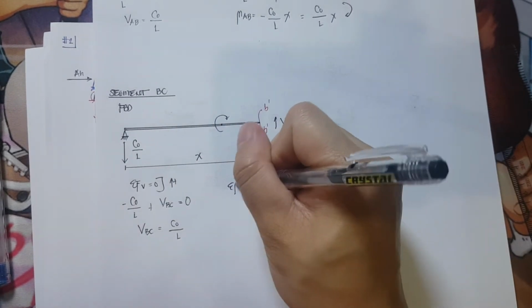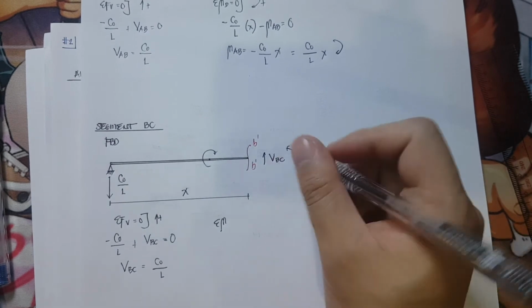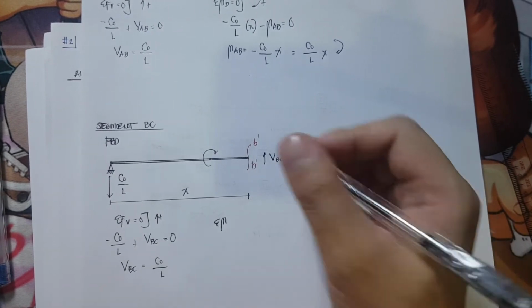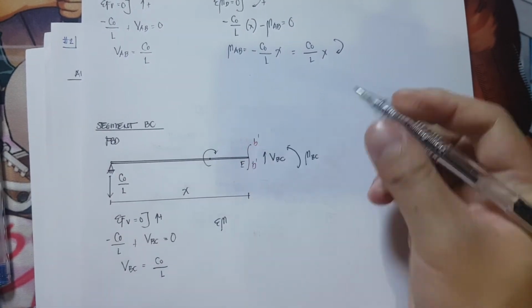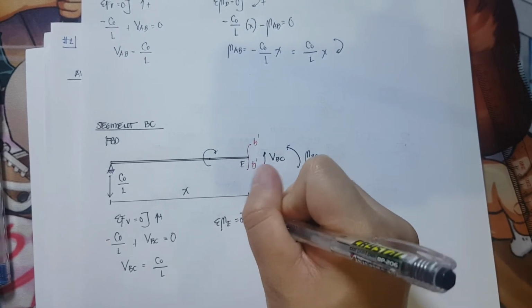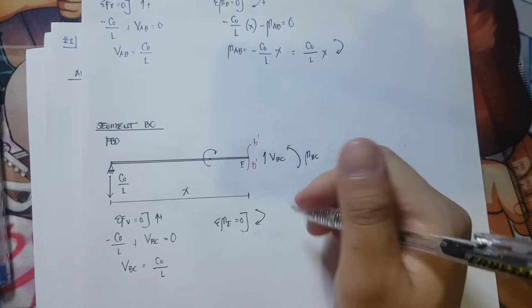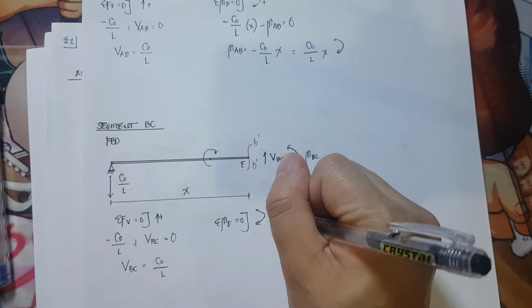Next, summation of moment with respect to, let's say this is E, point E, is equivalent to 0. All forces rotating at point E in a clockwise manner should be positive.